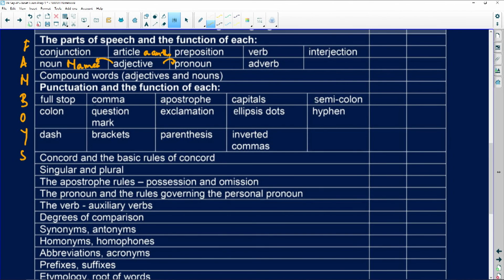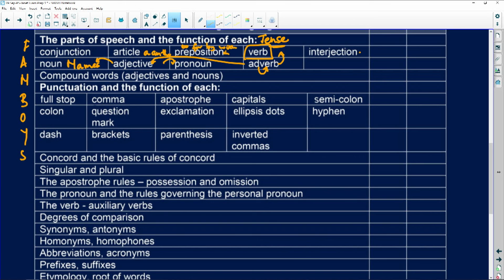Prepositions, to, for, by, with, from, in, under, over. The finite verb, we've talked about the finite verb so often. Above all, it gives you the tense of the sentence. An adverb describes a verb or an adjective or another adverb. They don't often test interjections.